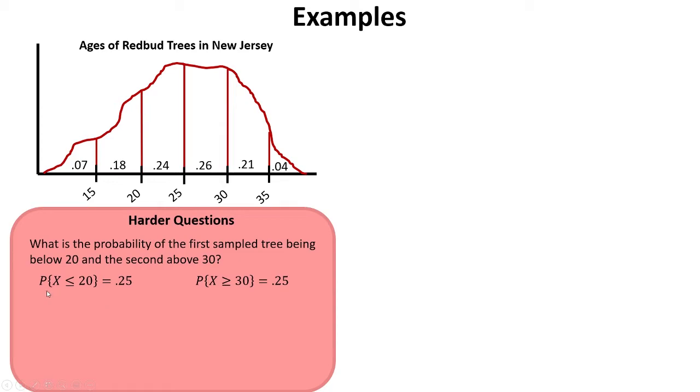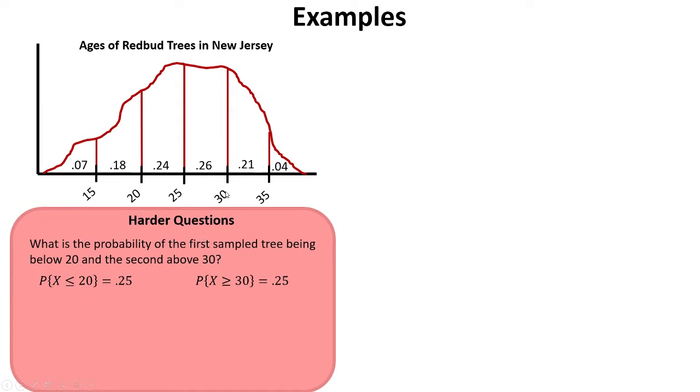In this case, the probability of a tree being below 20 is 0.18 plus 0.07, which is 0.25.